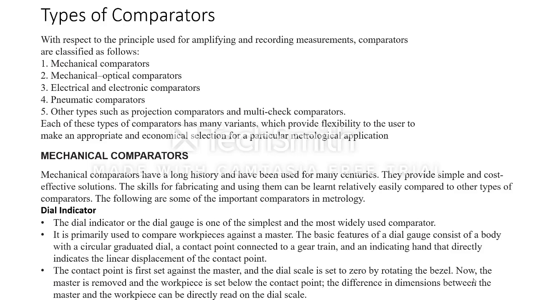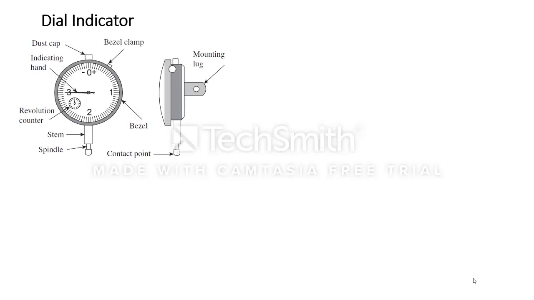The simple dial comparator has a dial and a dust cap, so that dust does not enter the gauge. Then the bezel cap, which is used to lock the contact point, and the revolution counter.